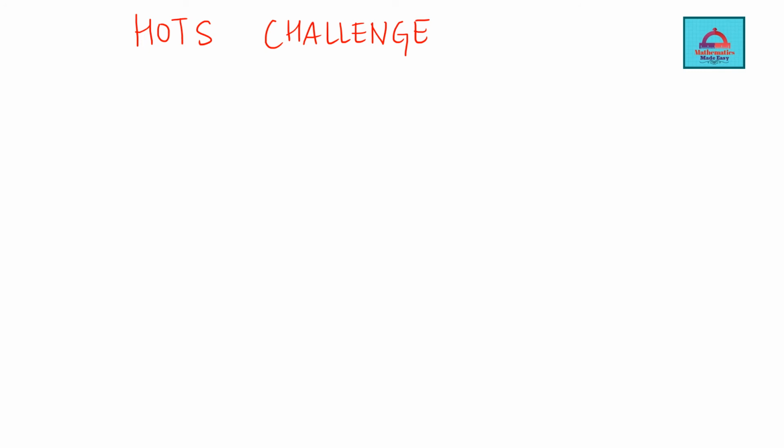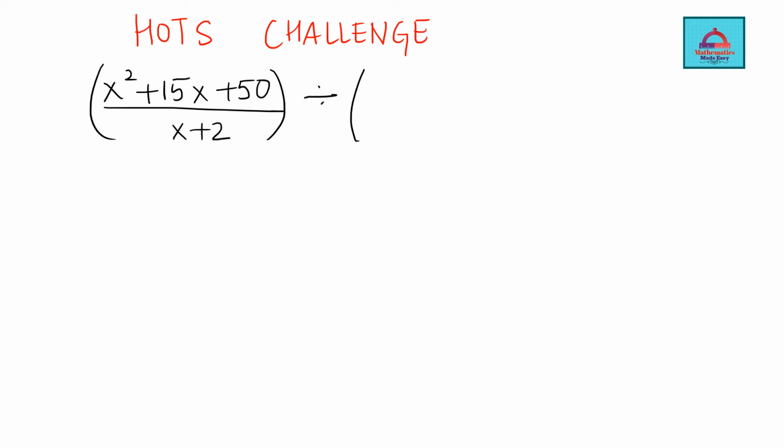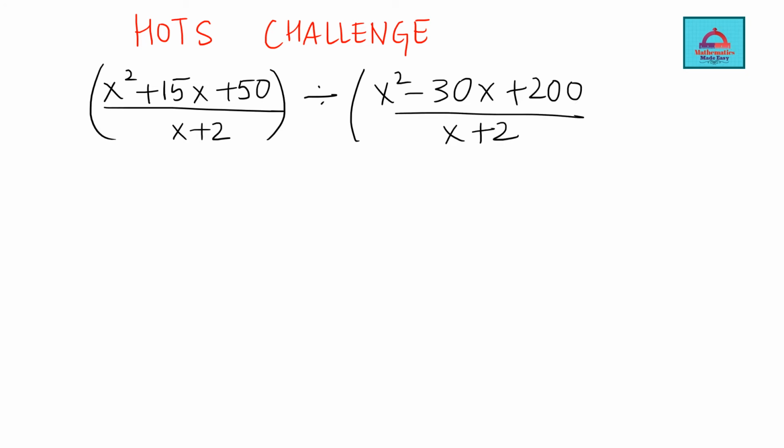So if I give you something like this, x square plus 15x plus 50 over x plus 2 divided by x square plus 30x plus 200 over x plus 2, I want you to simplify this. So it's division. What should be the first step? Change it to multiplication. Take the reciprocal.